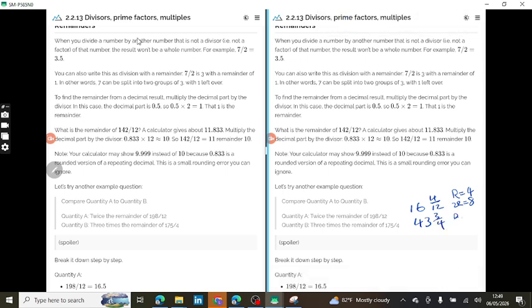So the remainder here is 3. Yes, 3r. So which one is greater, quantity A or quantity B?